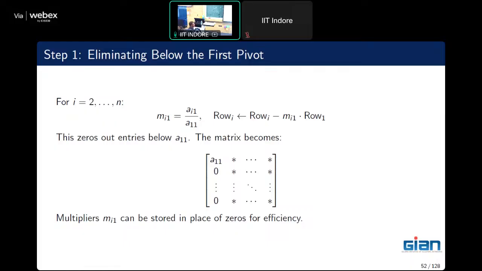I varies from 1 to n, and row 1 contains n minus 1 entries, so each time you are multiplying n minus 1 entries.